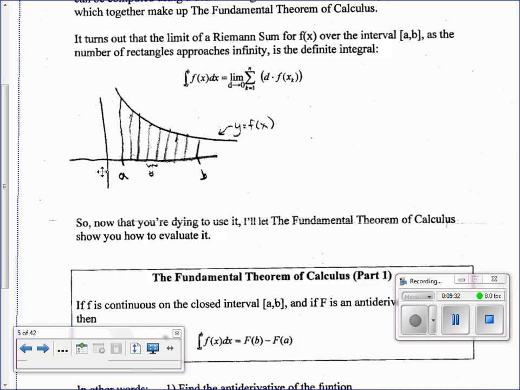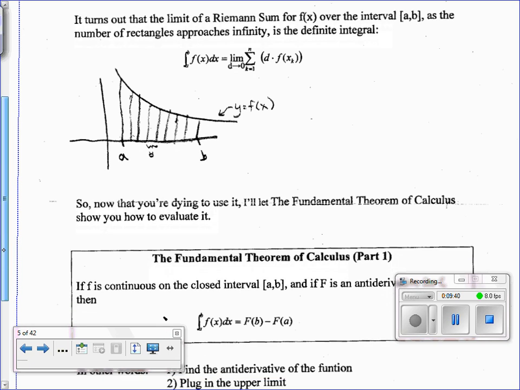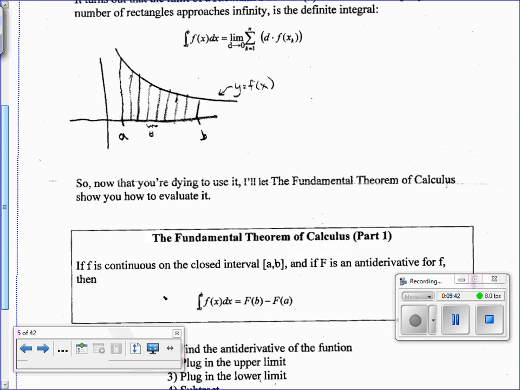Now, with this, we're saying you don't have to get a limit to do this. You just evaluate what we call the definite integral. And the definite integral of a function is just the antiderivative of whatever the function is at b minus the antiderivative at a. And that's where the integral sign comes from. It comes from the sum of height times width.